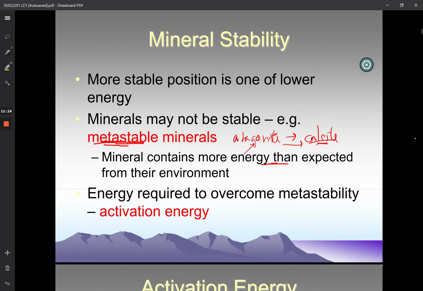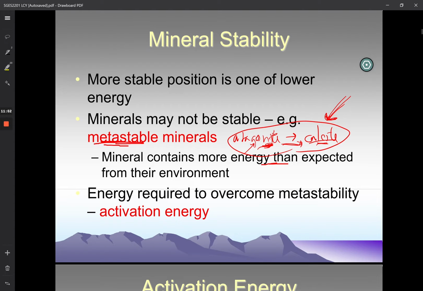So when you have calcite and aragonite together in one place, and there are any changes in the environment, for example temperature or pressure, then the less stable metastable minerals will be susceptible to changes.